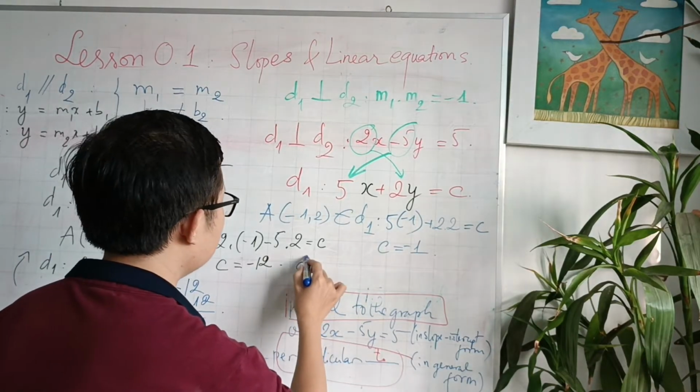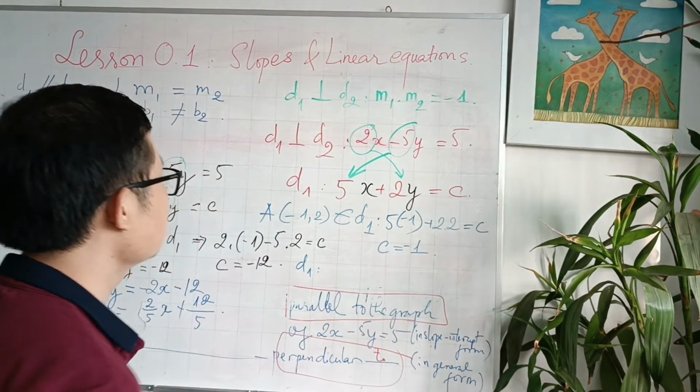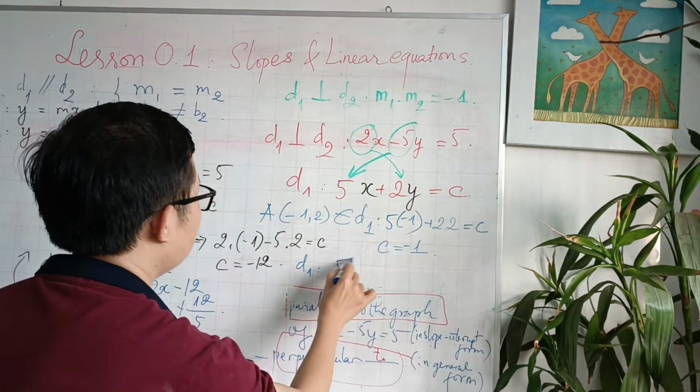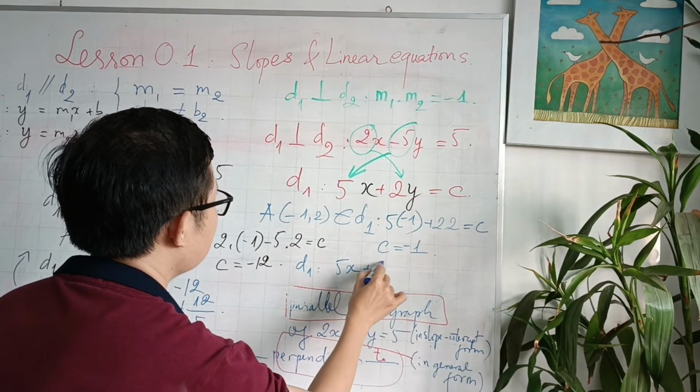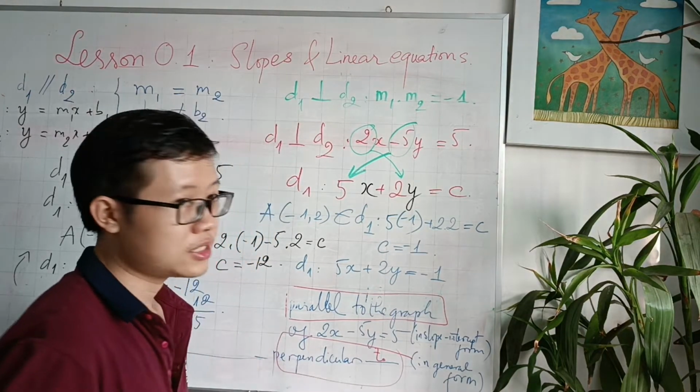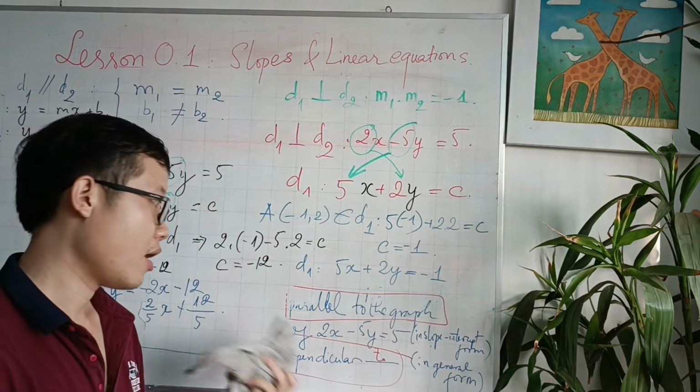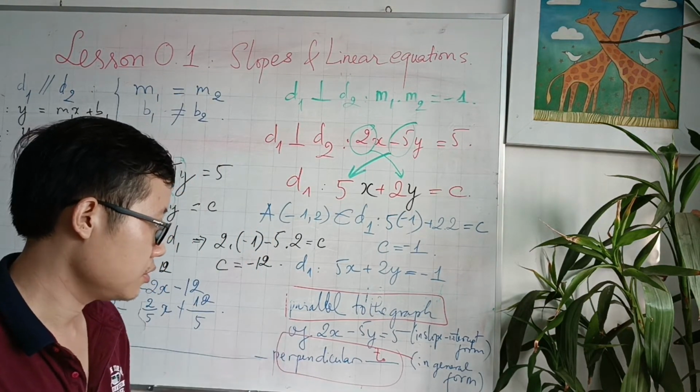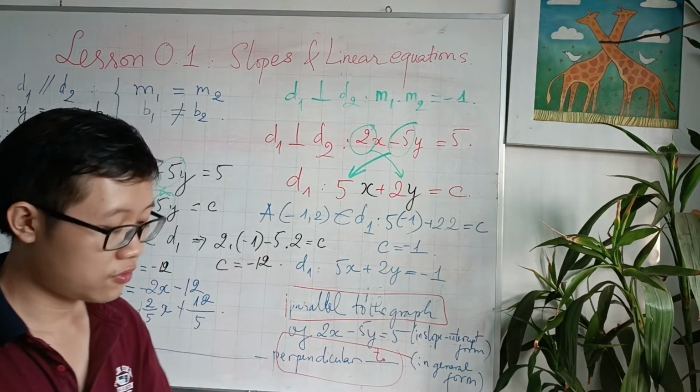So D1 is 5x plus 2y equals -1. And this question requires you to write in general form.